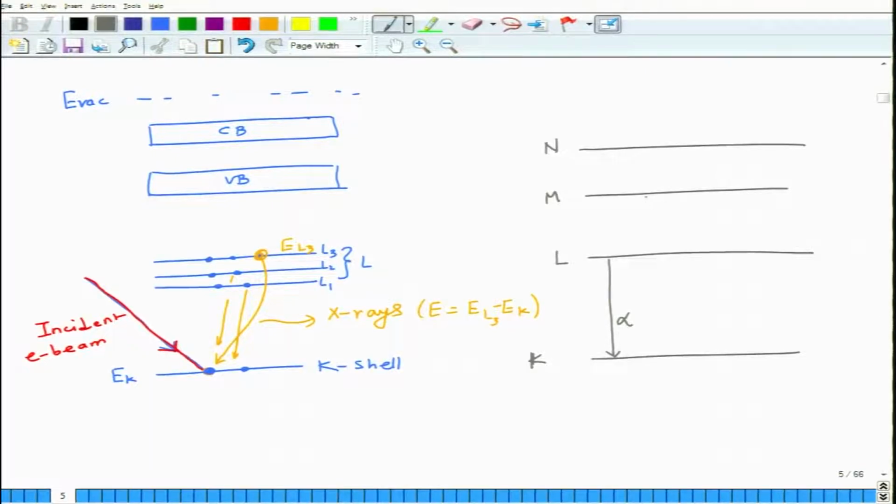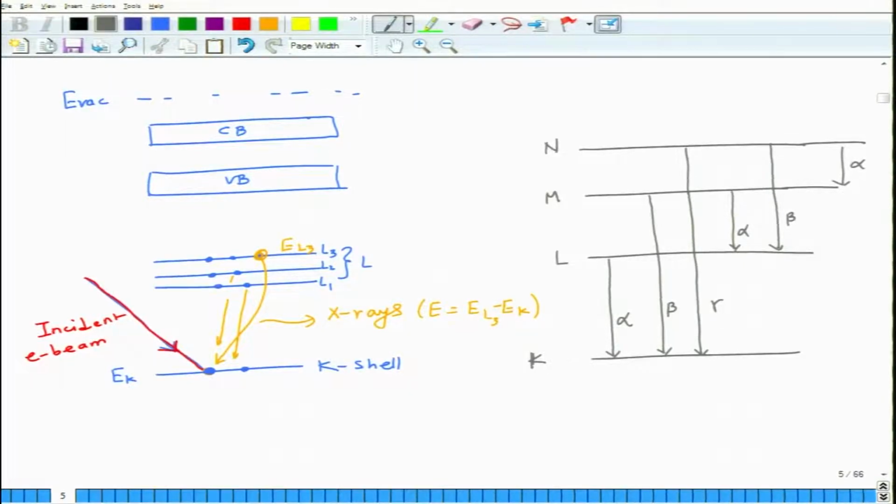Transition from M to K is referred to as beta transition, and transition from N to K is referred to as gamma transition. Similarly, in this case, this will be alpha, this will be beta. So, transition from the next level to the level below is called alpha.